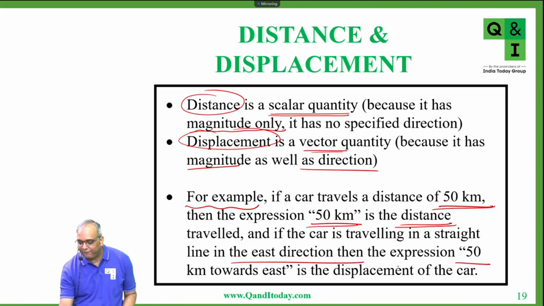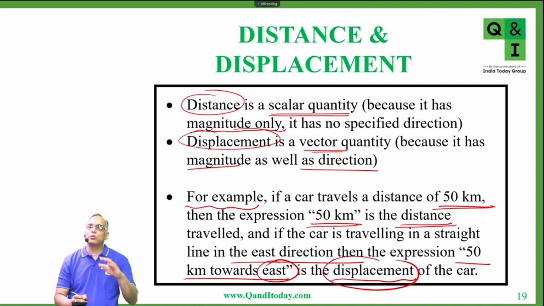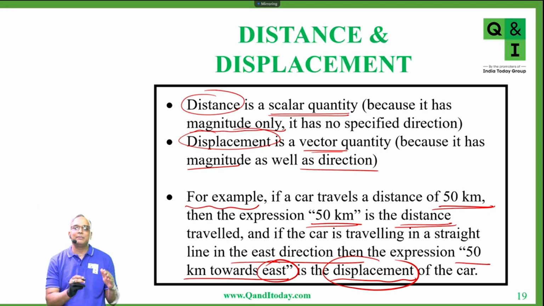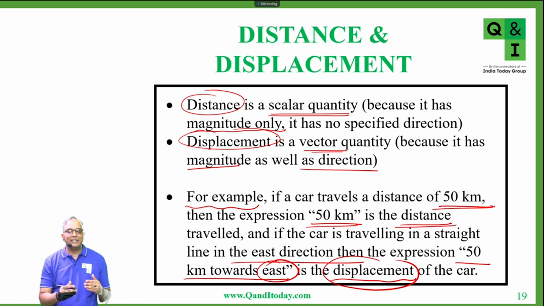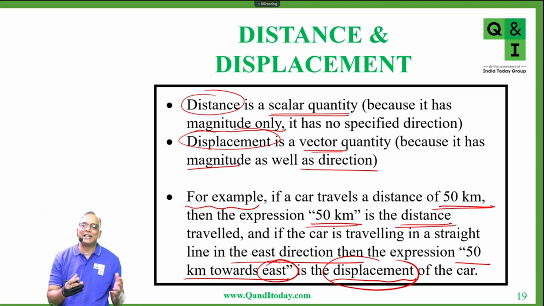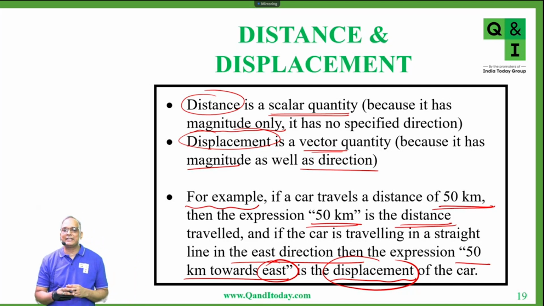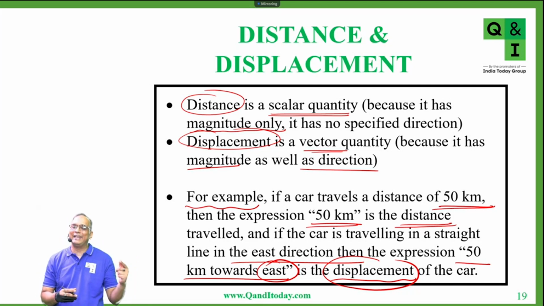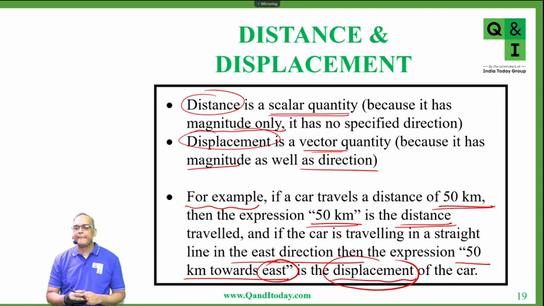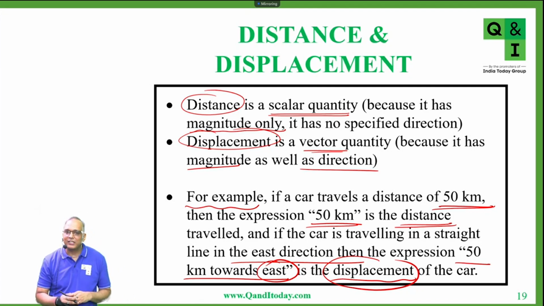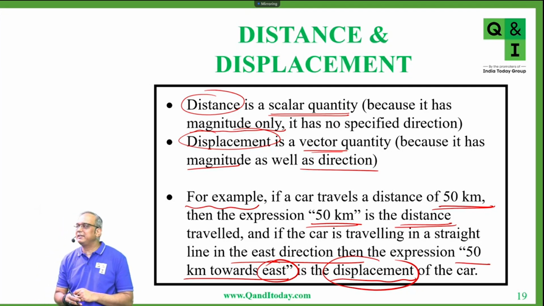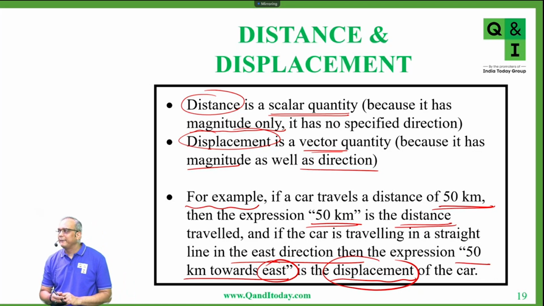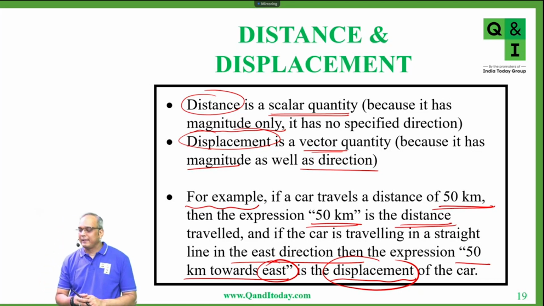So the expression 50 kilometer towards east, you are specifying the direction as well, so it becomes the displacement of the car. When you only mention 50 kilometer, it is the distance. When you mention 50 kilometer towards east, you are also specifying the direction and it becomes displacement and hence a vector quantity. Clear, students? Have you understood the concept of distance and displacement? Okay.